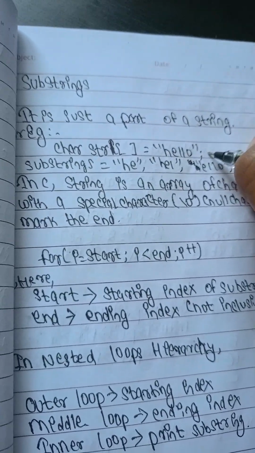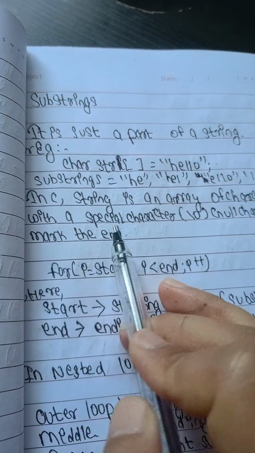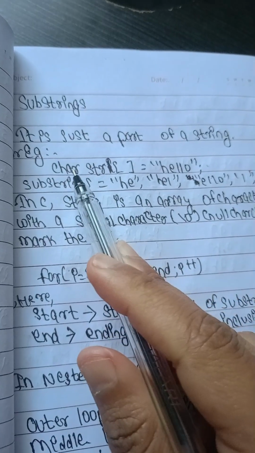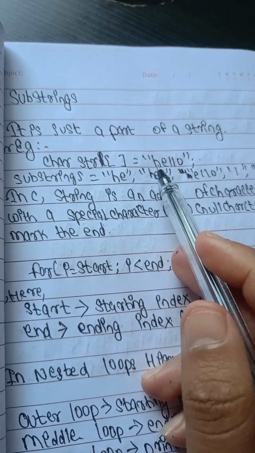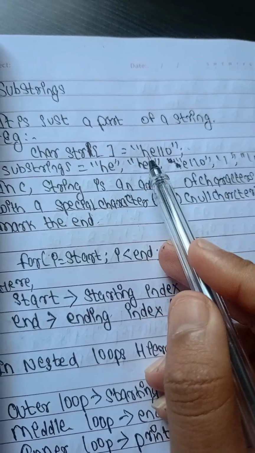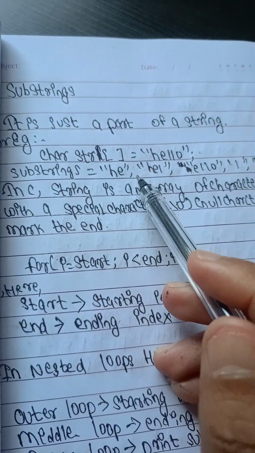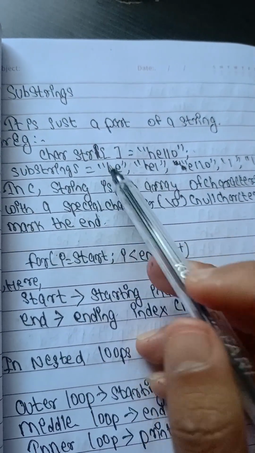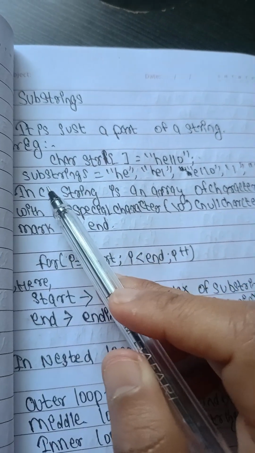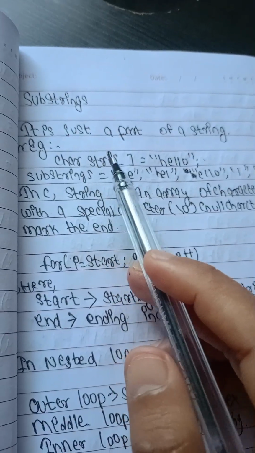Whereas a string, in C, is an array of characters ending with a special character, the null character, to mark the end of the string. In a string we can print the full length of a word, but in a substring we can print the original length and also shorter lengths like HELLO. So these are two different topics.